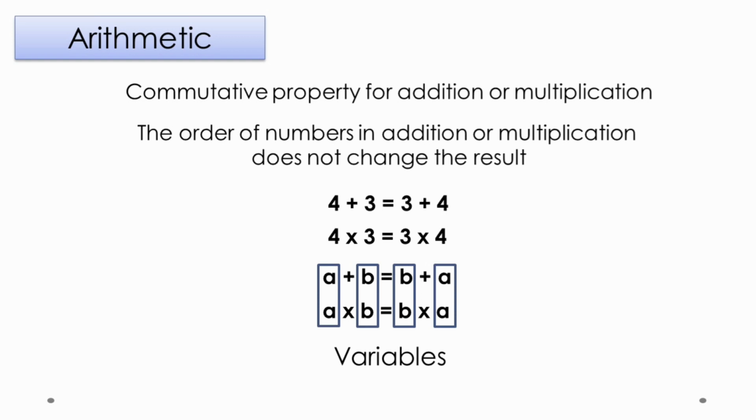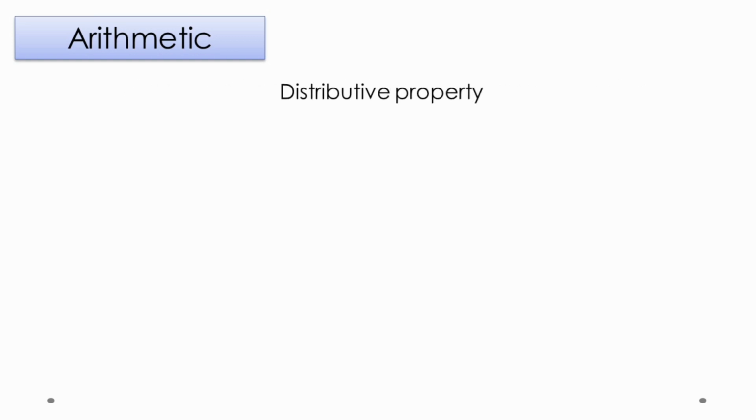In a similar way, we have distributive property, in which we distribute numbers in such a way that calculation becomes easy. For example, multiplying 9 with 103 could be very cumbersome. As per distributive property, 9 into 103 can be represented as 9 into 100 plus 3, which makes it easier to calculate. 9 multiplied by 100 is easy.